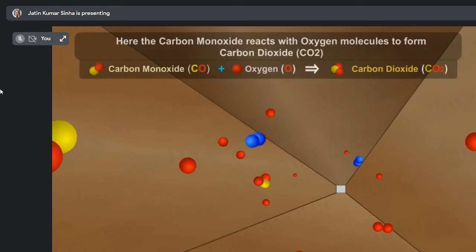So here carbon monoxide is reacting with oxygen, so that is for the first part, and being converted to carbon dioxide.